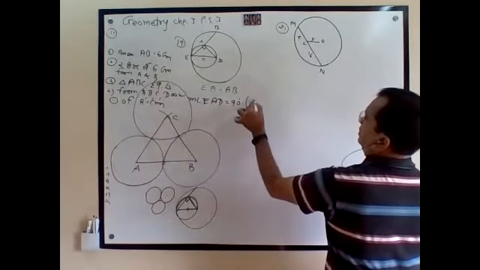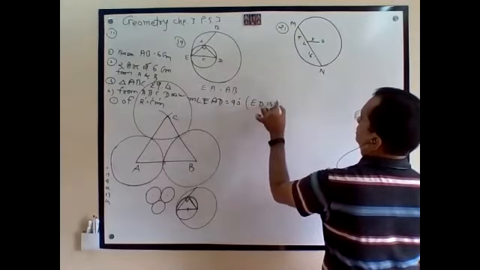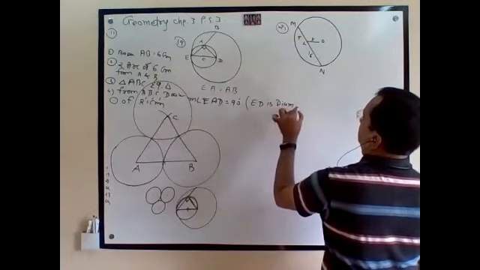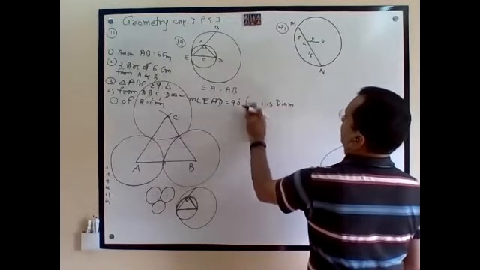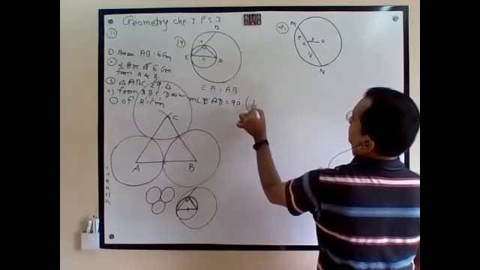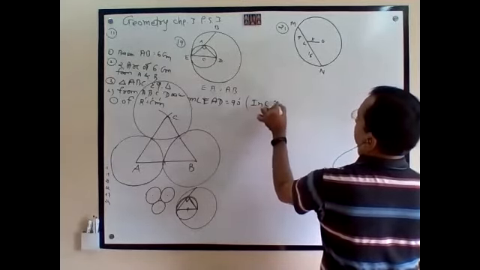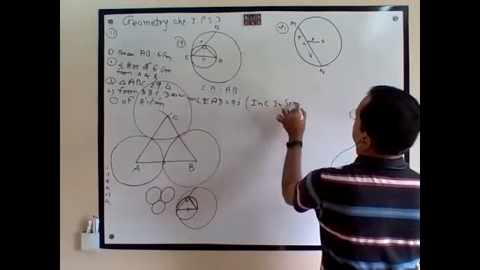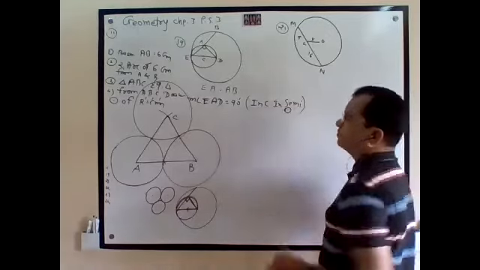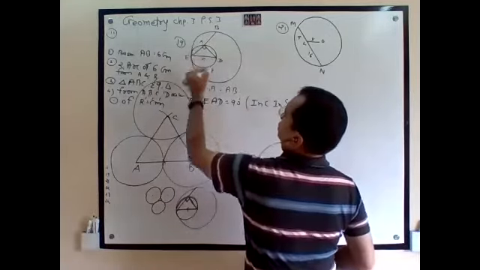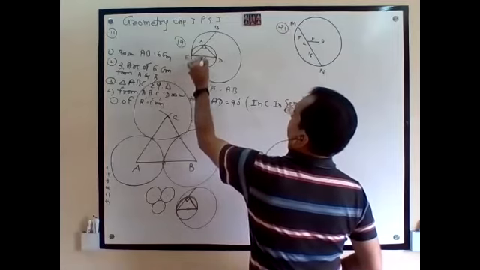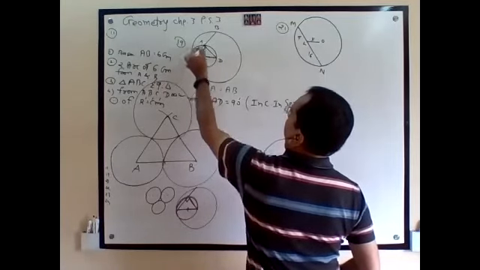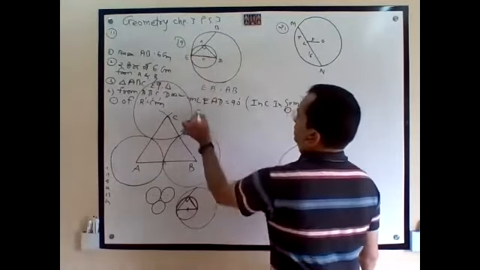Why? ED is the diameter, or you can write inscribed in a semicircle. This is the circle, this is the radii or a diameter, so it is a half circle, and in a half circle this is 90.